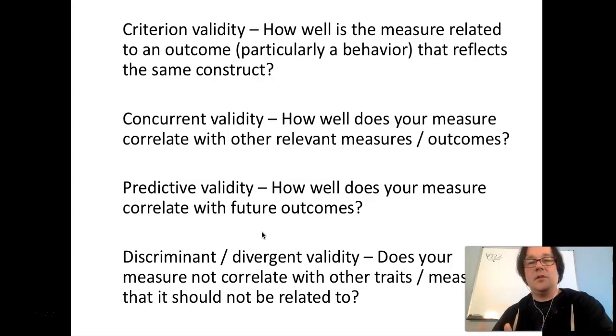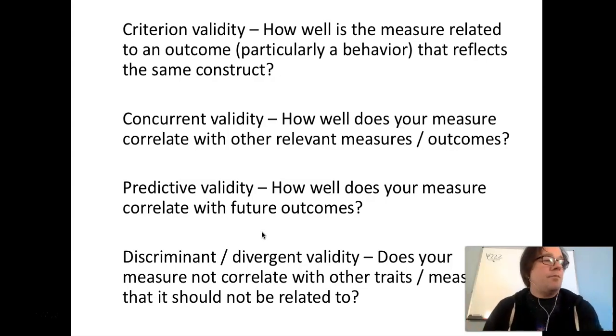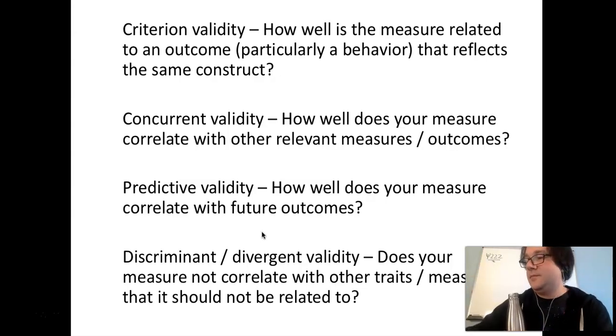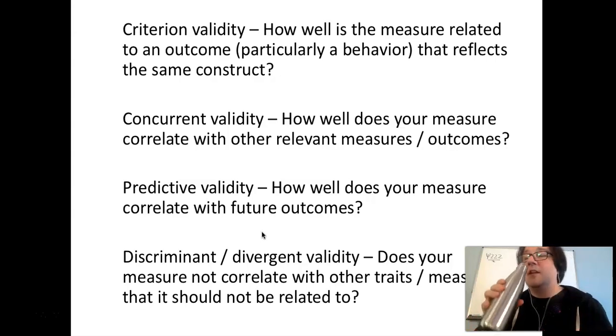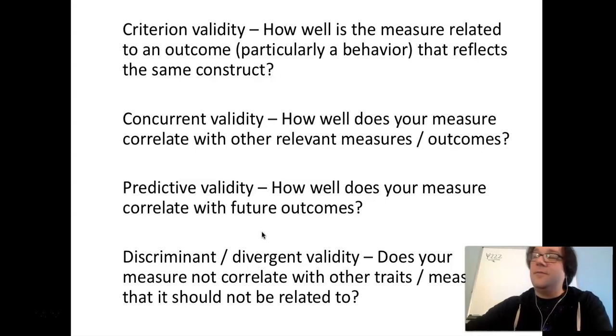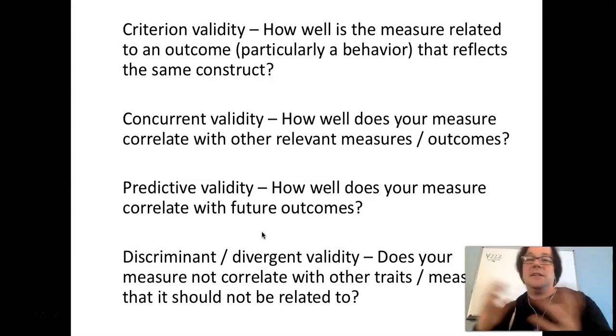Okay, concurrent validity. This is also a way to try to judge the validity of a measure. So this is how well our measure correlates with other relevant measures or other relevant outcomes. So there are a couple of things, if you take social psych, or even personality psych, we learned that people who are racist typically tend to also be, say, homophobic and sexist, and xenophobic.